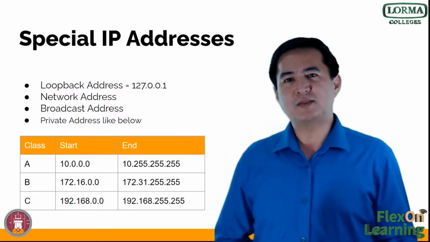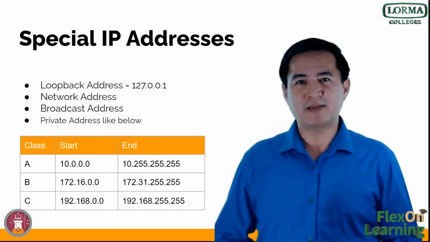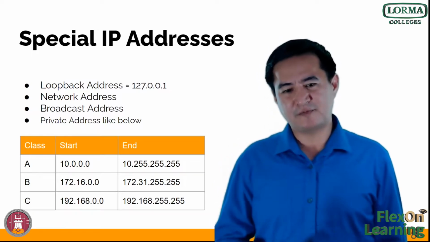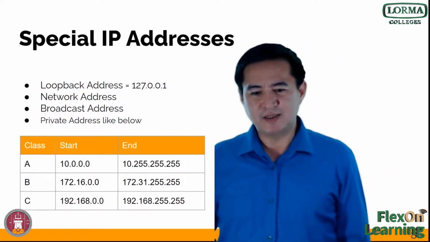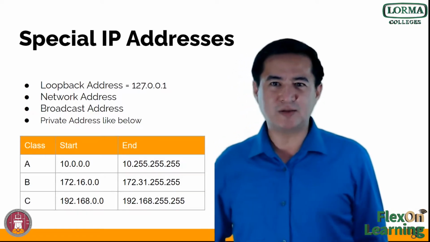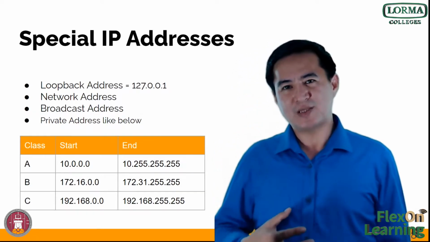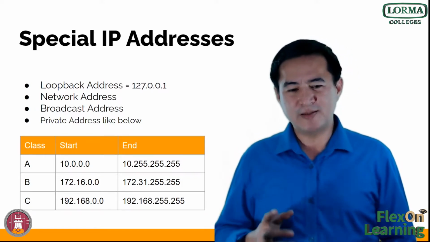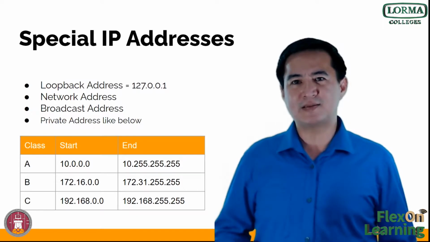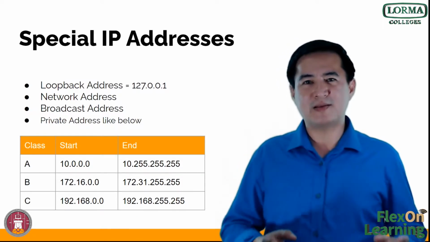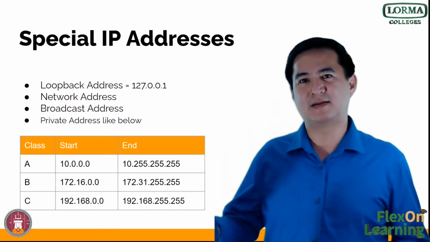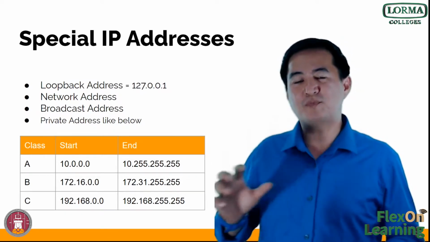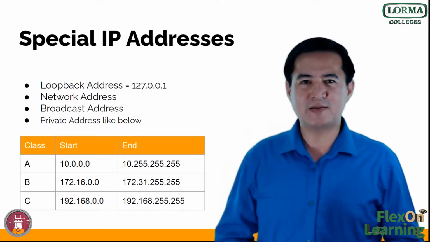Of the more than 4 billion IP addresses, some of them are actually special IP addresses. For example, 127.0.0.1 is called the loopback address, which is the localhost, as you can notice on your computer. We also have the network address and the broadcast address. These are IP addresses also, but assigned as the network address or the group name of a certain segment of a network.